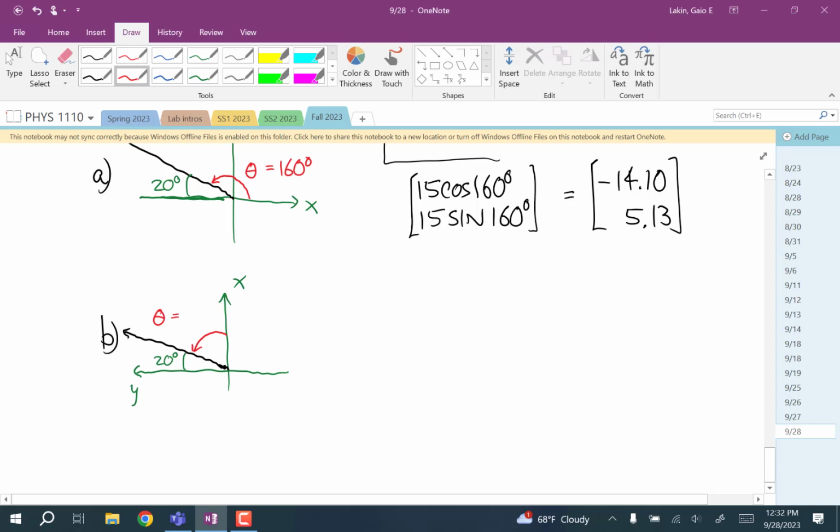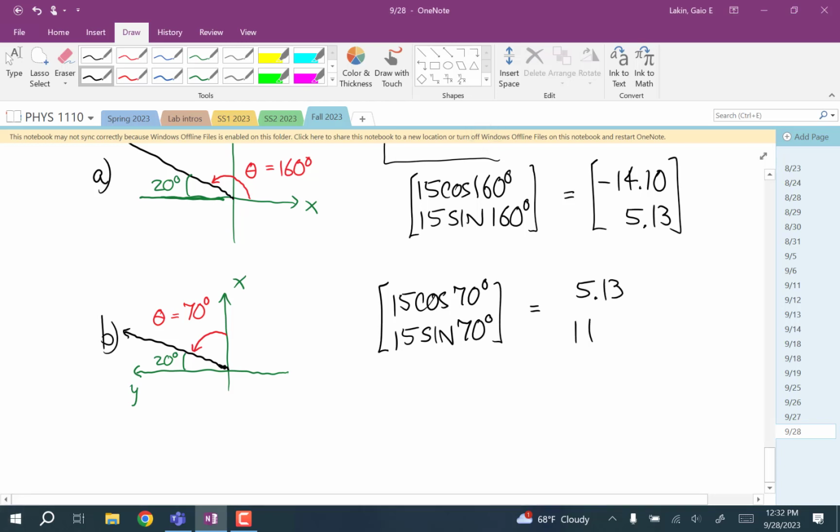If you went all the way to the y-axis, that would be 90 degrees. This is 20 degrees short, so the angle is 70. And so the vector is 15 times the cosine of 70, 15 times the sine of 70. And you get positive 5.13, positive 14.10.